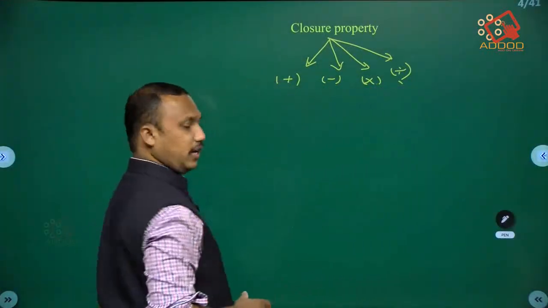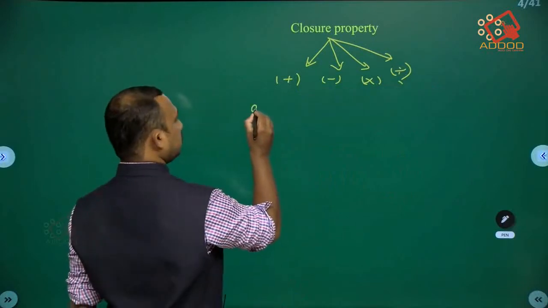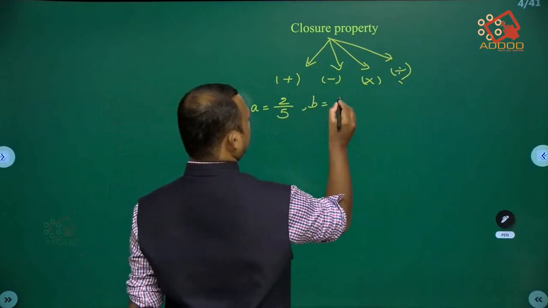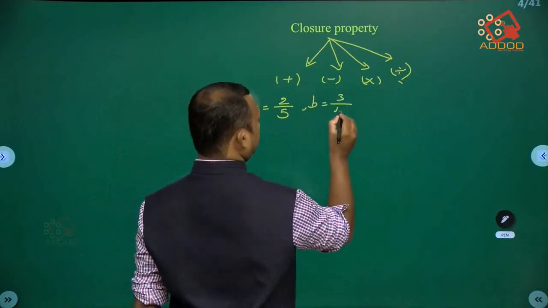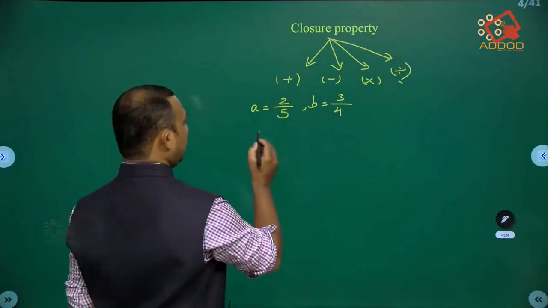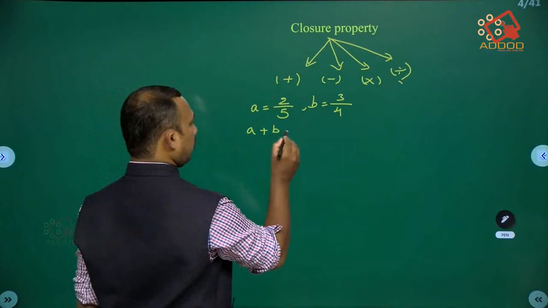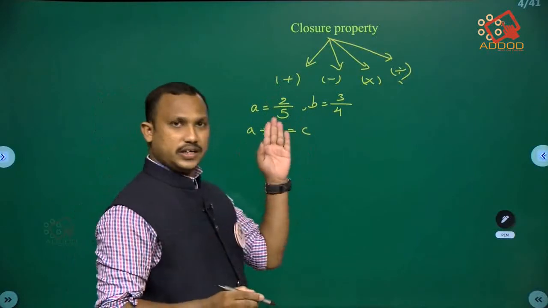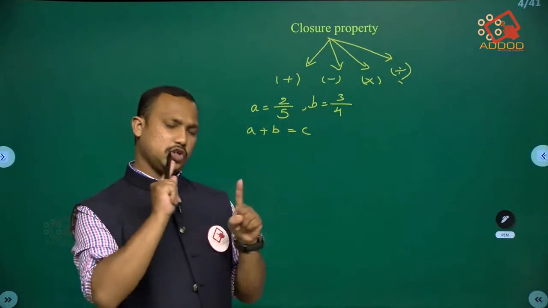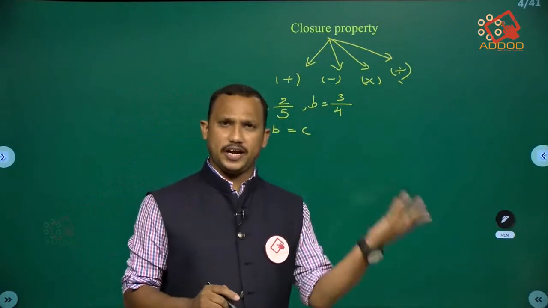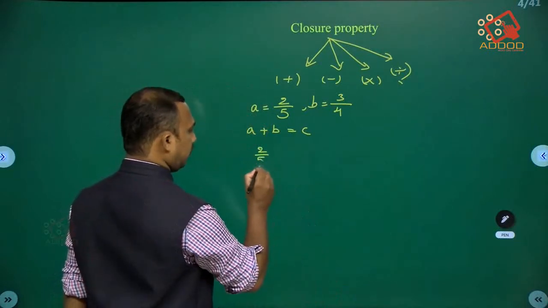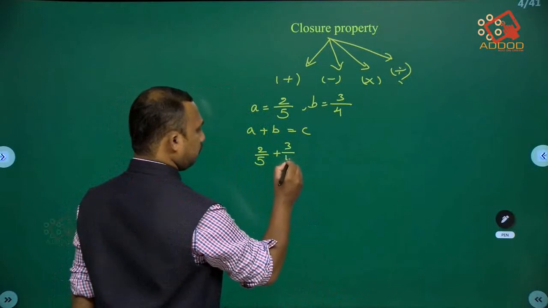So here you have to take any two rational numbers. Suppose a equal to 2 by 5 and b equal to 3 by 4. First we will do addition, a plus b equal to c. 2 by 5 is a rational number, and b is also a rational number. After adding those two rational numbers, you should get a rational number only. 2 by 5 plus 3 by 4.